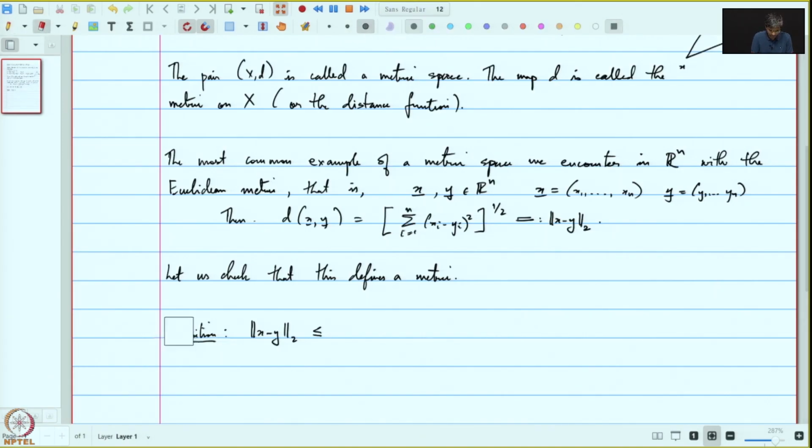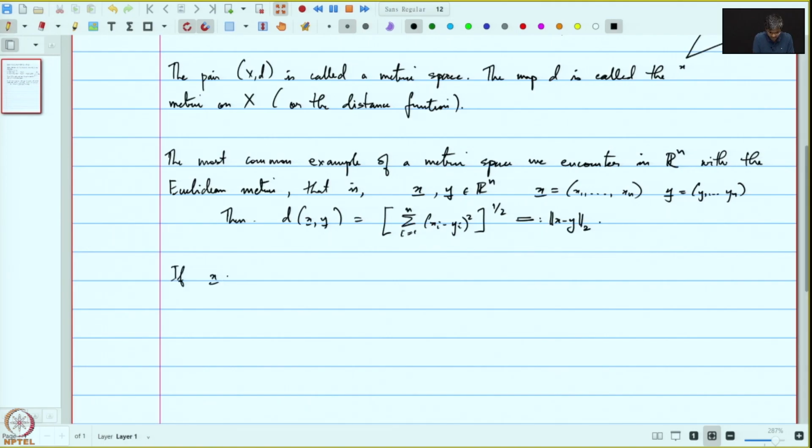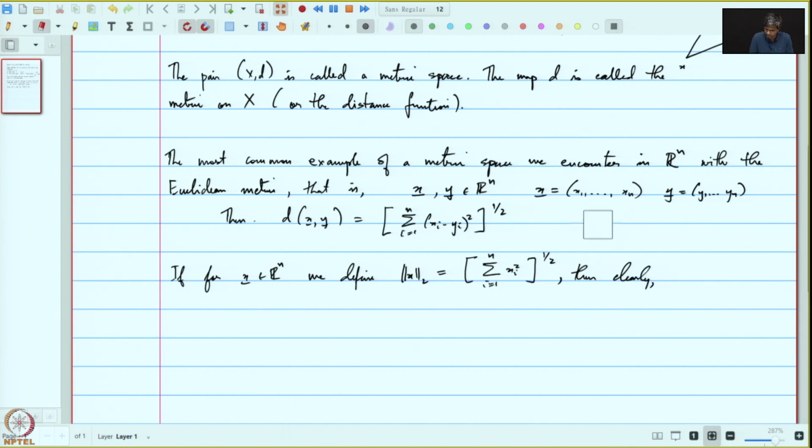Alternatively, we can define, for a vector x in R^n, the 2-norm of x as the square root of the summation of xi squared.